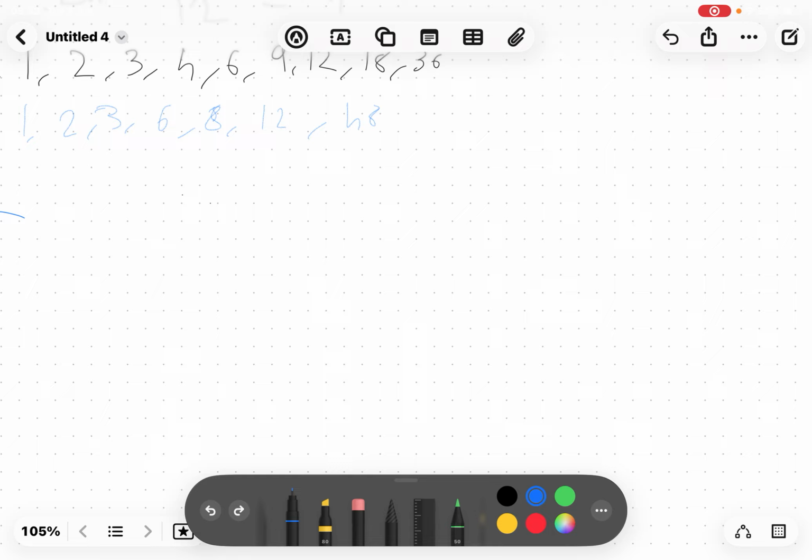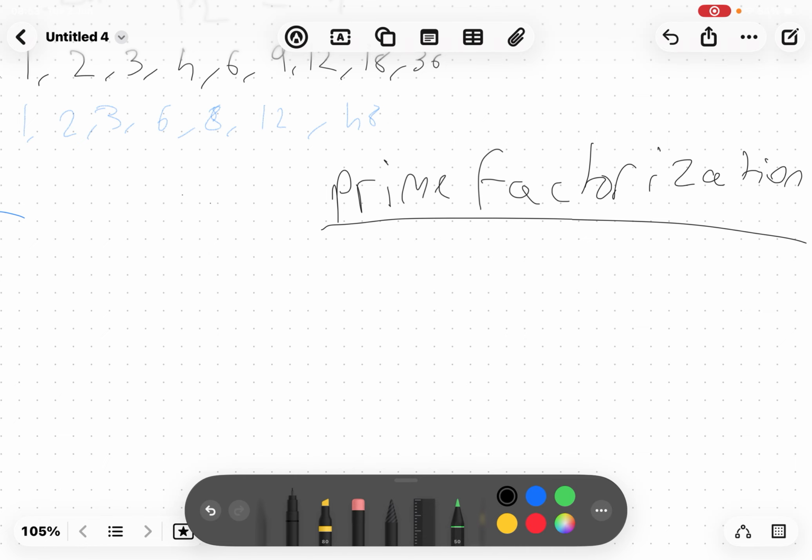Another way for the same question is prime factorization. And what I mean by this is basically you do the tree thing. Yeah, the tree. 36. Well, let's do 12 again and then 3.